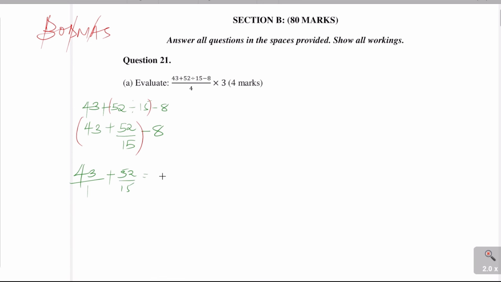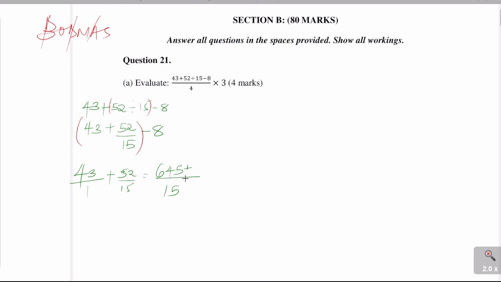So you add these, get the LCM of 1 and 15. This is 15. 15 divided by 1, that is 15. 15 times 43, you get 645. 15 multiplied by 43, confirm. Yes, it is okay. 645.